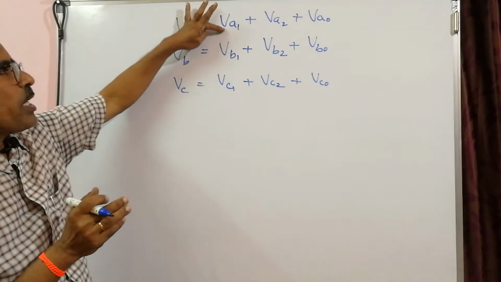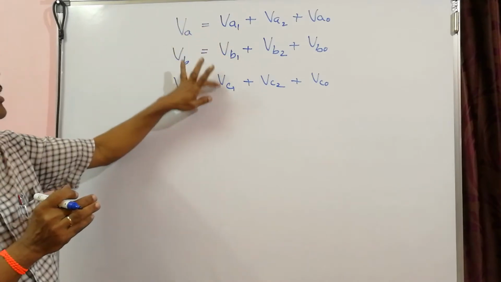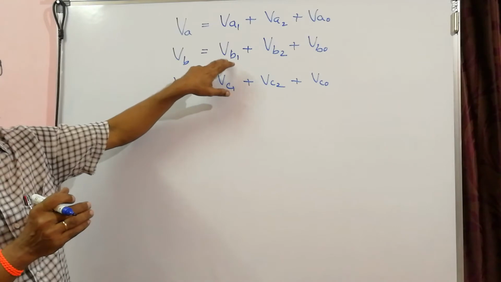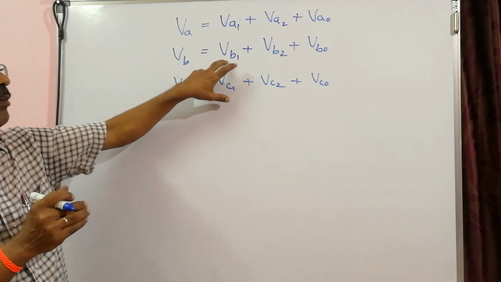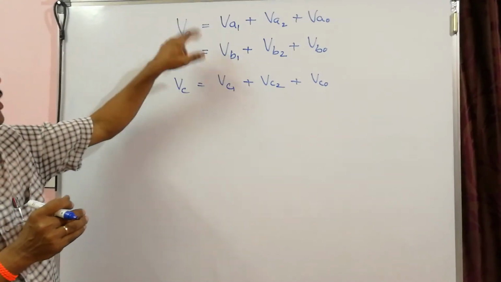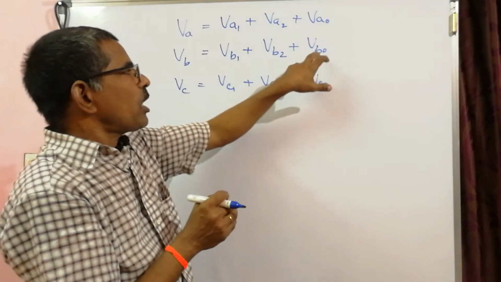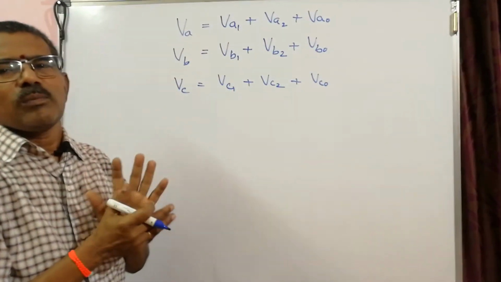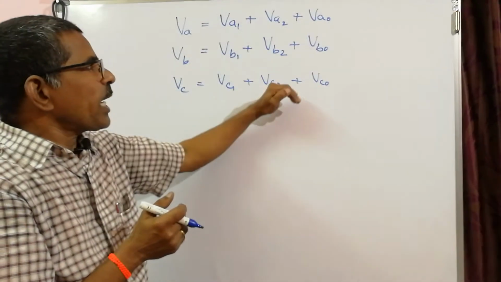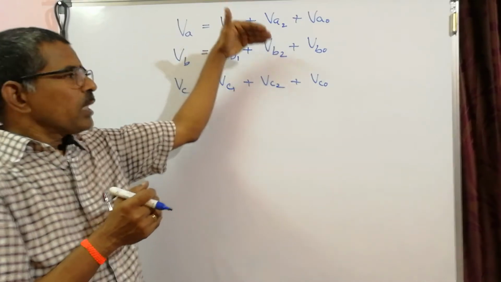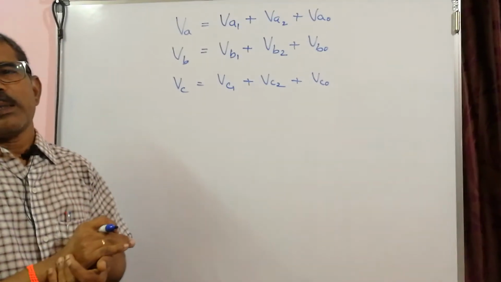Suppose if you consider VA1, what is VB1, what is VC1, you know. VB1 lags VA1 by 120 degrees, is it not? Likewise VC1, the interrelations are known. VA2, VB2, VC2 we know. Likewise VA0, VB0, VC0, they are anyway same. So, out of the 9, only 3 values if they are known, the remaining values can be interpreted.